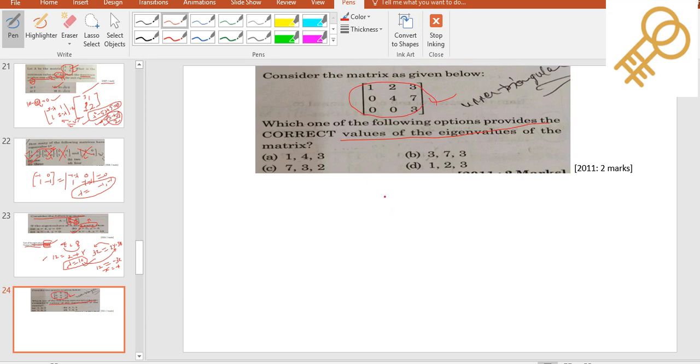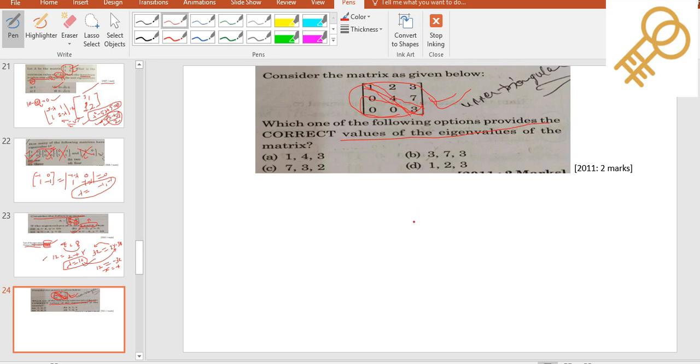So you observe one thing: below the diagonal, all the element values are 0. So you can call this matrix an upper triangular matrix because all the elements below the diagonal are 0. For an upper triangular matrix, the eigenvalues will be the diagonal elements. Note down that point.